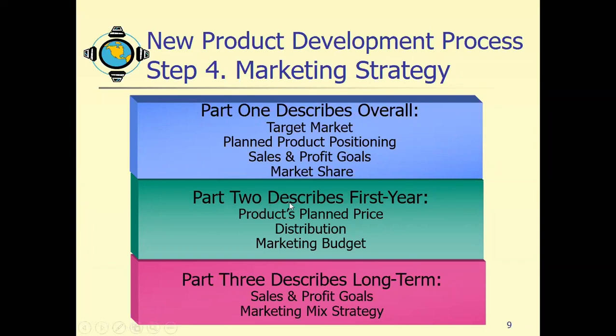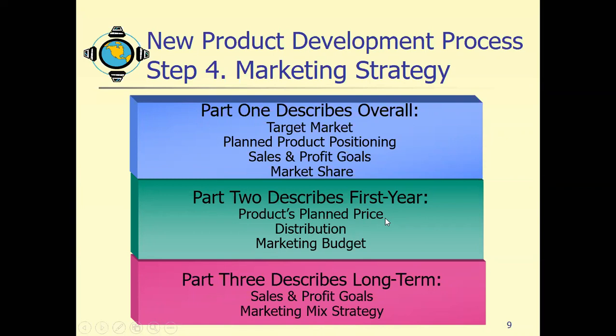Part 2 describes first year product's planned price. Here we will set the price for the whole operation, and you have to set the price for the first year only, because in the first year there are many companies who set price high to skim the market.